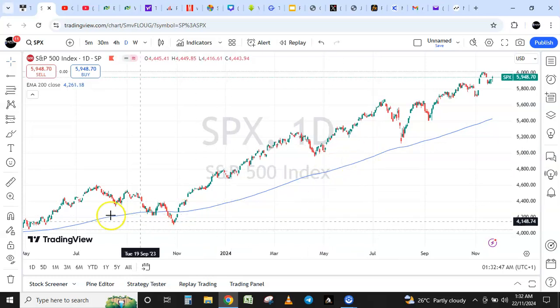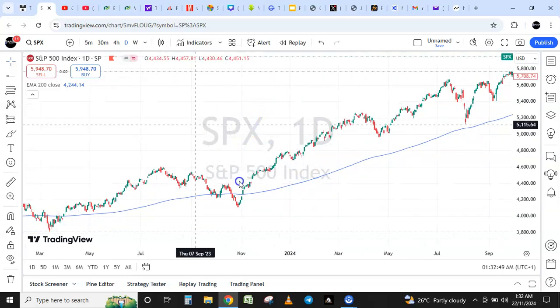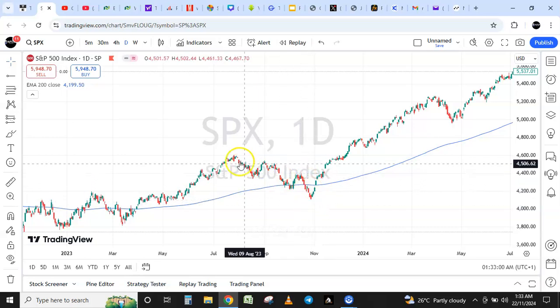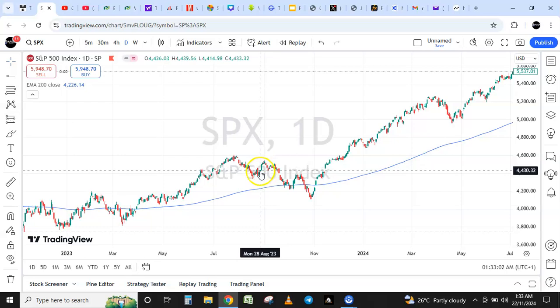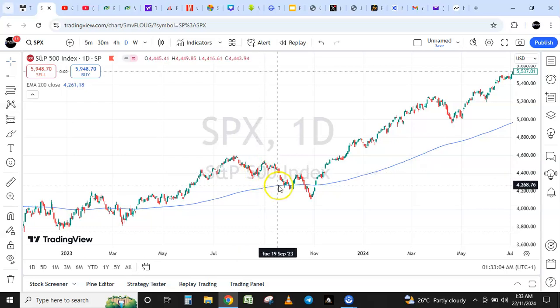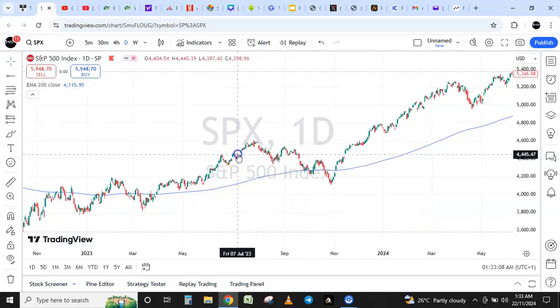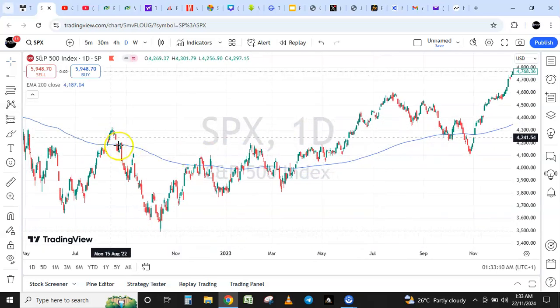There are times price was actually below this 200 moving average. You can see it here, and you can see the date. You can see somewhere in October 2023, price came down. And if you read the data at the time, you find out what happened while price came below here. You can also see there are times price stays far below.